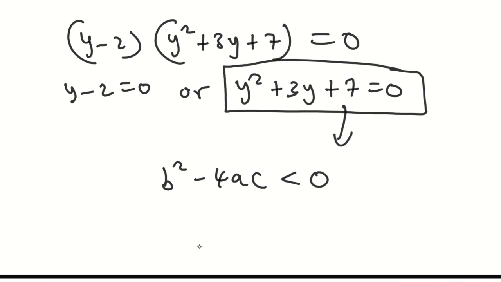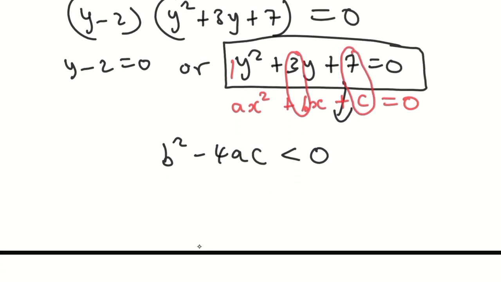So let's compare this with the general form of a quadratic equation, which is ax squared plus bx plus c is equal to 0. Now, the coefficient of y squared would be a. So here, if you compare, a is 1, b is what? 3, and c, which is the constant term, is what?